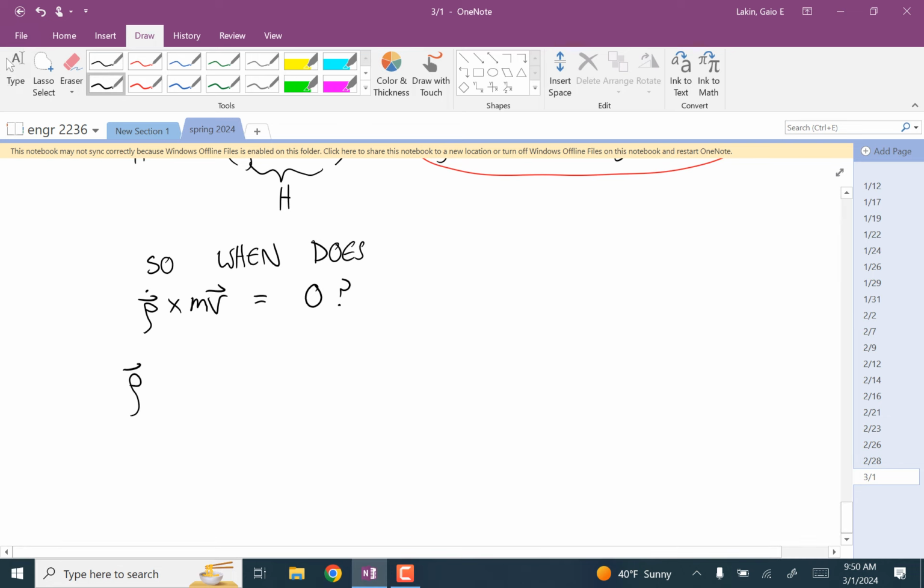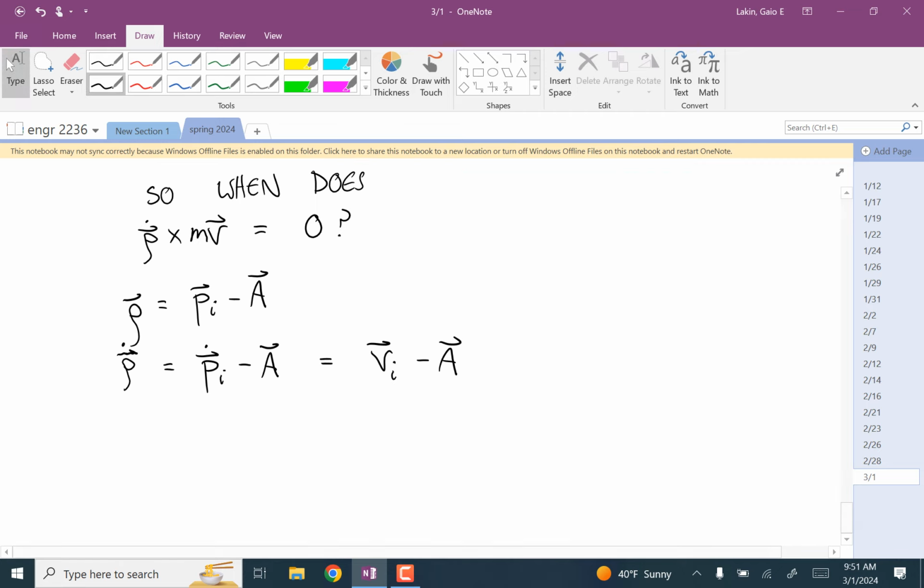Remember rho is equal to P i minus A, and so rho dot is P i dot minus A dot, where P i dot is v.